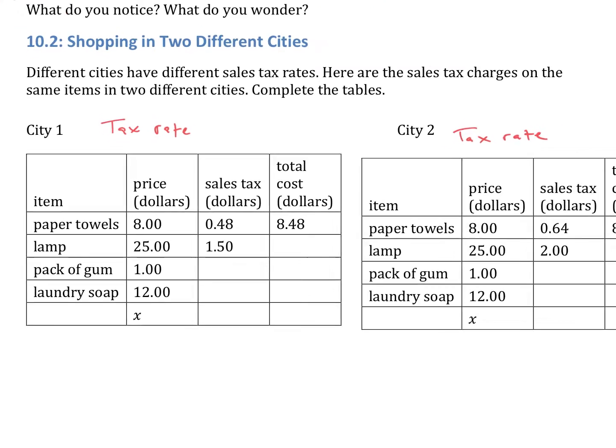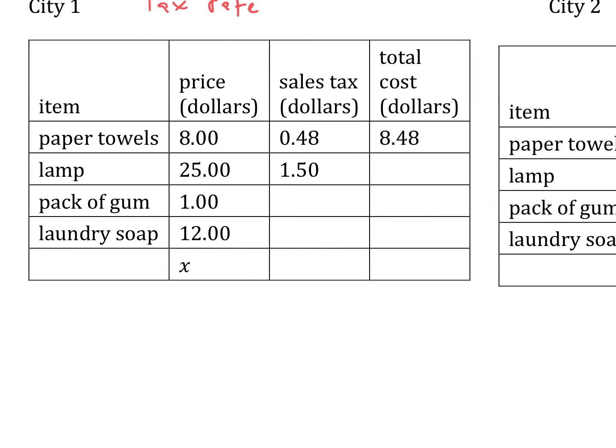All right, so let's calculate the tax rate for the first city. If I use that same idea of old versus new, our old is 100%, but we don't know the new percentage because that's what we're figuring out. We do know the old price is $8, but the new price is $8.48.